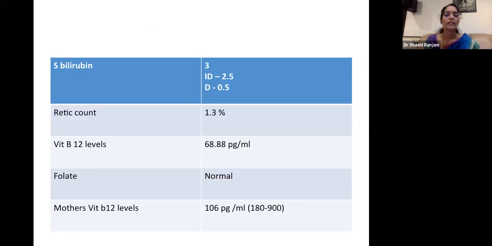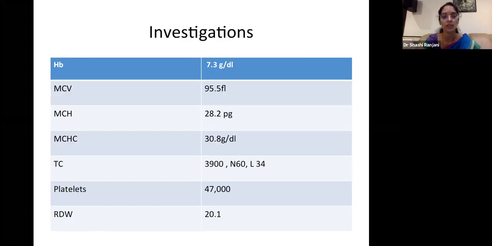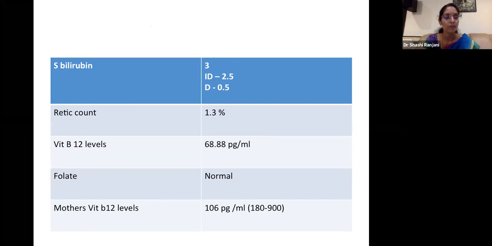So we'll see. His serum bilirubin was elevated with the indirect fraction more than the direct, which means there is some amount of hemolysis. His retic count was again 1.3, but if we calculate it for the hemoglobin and the hematocrit, it will still be low. Vitamin B12 levels were low.